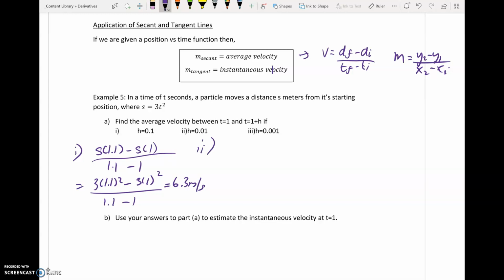So now our values are going to be 1 and 1.01. So let's see, s of 1.01 minus s of 1 over 1.01 minus 1. So if you plug this in your calculator, do the calculations, this would be 6.03 meters per second.